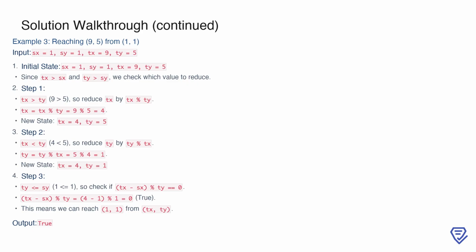Next, since tx < ty, we reduce ty by taking ty % tx. This gives ty equals 5 % 4 equals 1, leading to the state tx equals 4 and ty equals 1. At this point, because ty is less than or equal to sy, we check if (tx - sx) % ty equals 0. Here, (4 - 1) % 1 equals 0, confirming that the transformation is valid. Therefore, the output is true.